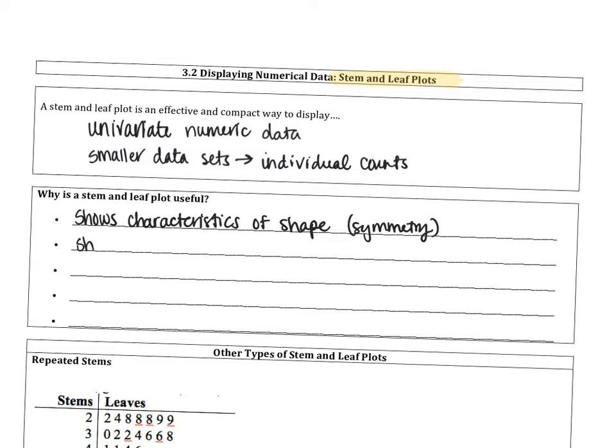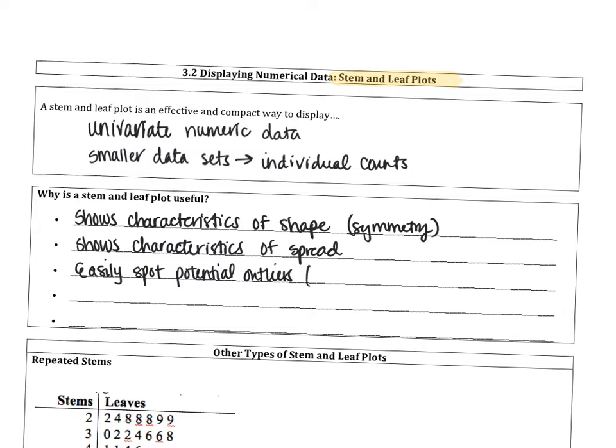It also shows us characteristics of spread, so we can see how lumped together data is. Building off of that, you're able to easily spot outliers or possible outliers. Okay, and these are just unusual values.